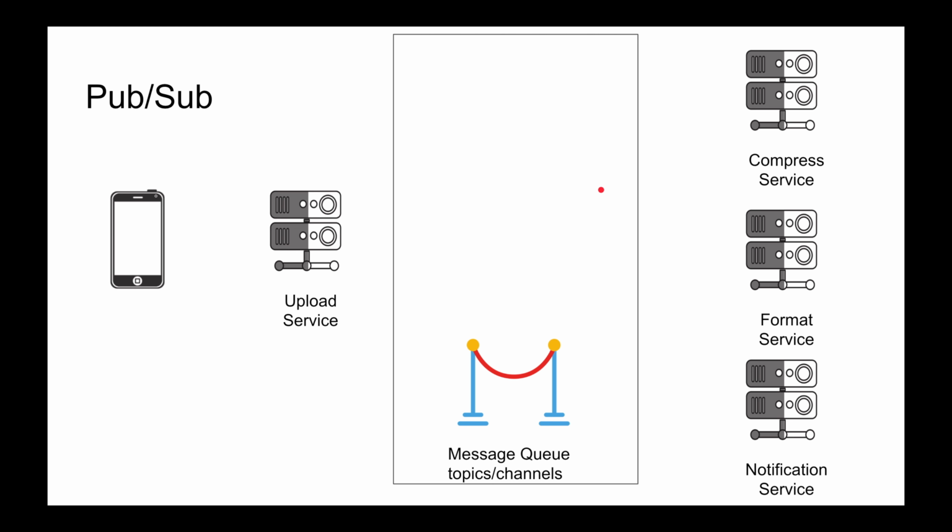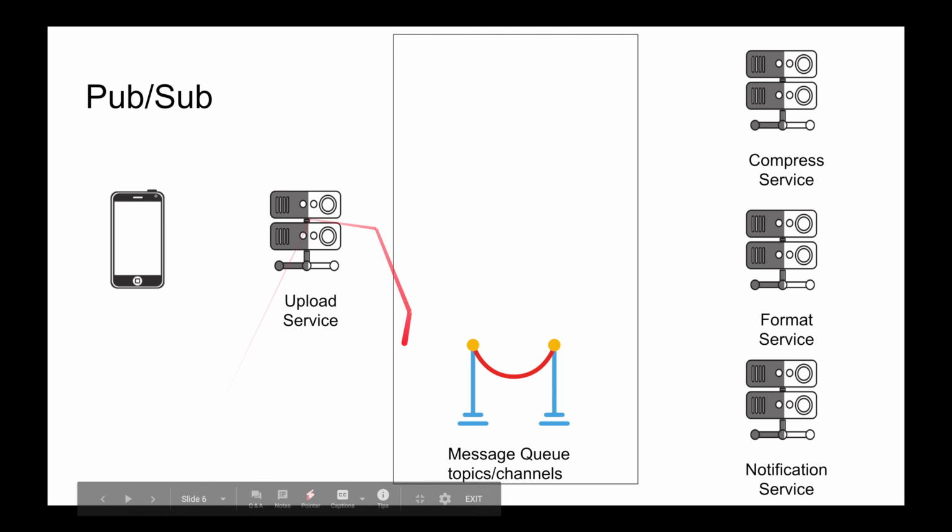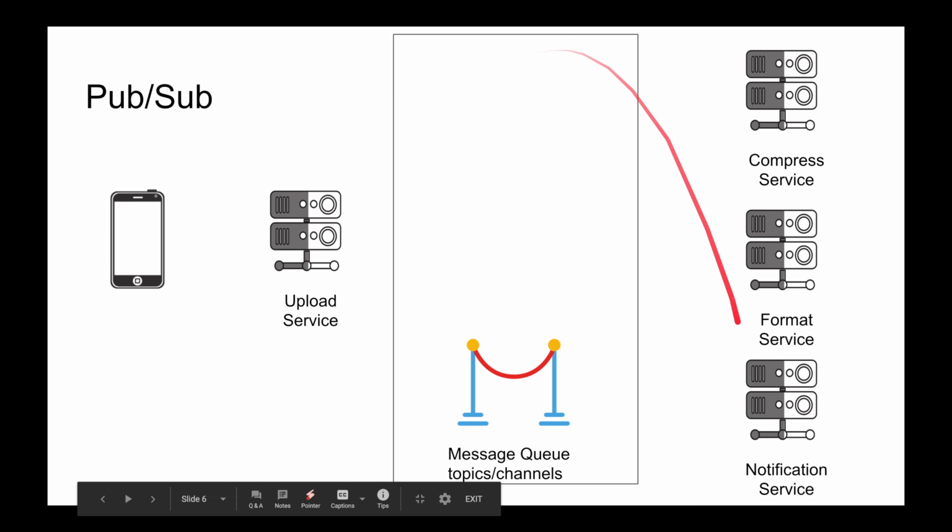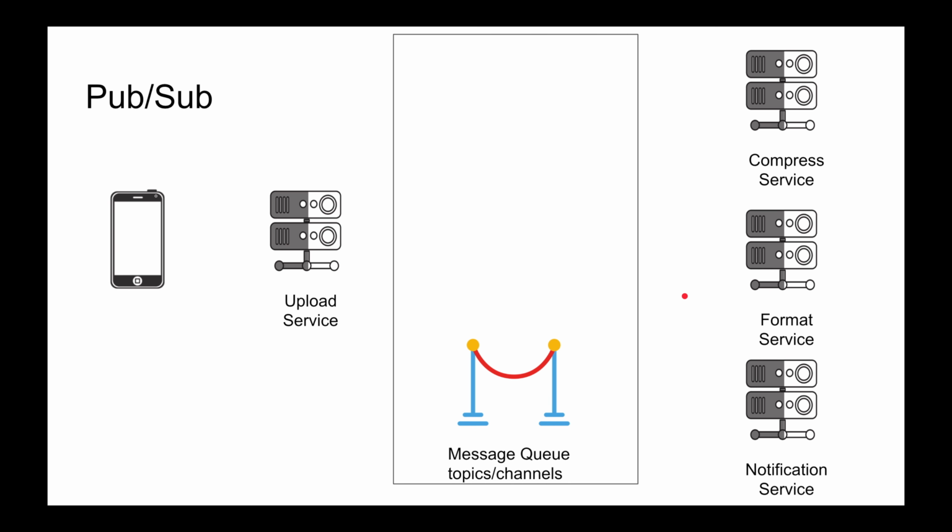Publish, subscribe model. We'll take the same example, the YouTube uploading service, and we're going to upload a video, compress the video, format the video, and notify people. How about that? As you can see here, you can still see the services, the client, the notification services, all that jazz. But there's some box here. This box is the middle layer that everybody's communicating to, and it is called by multiple names.